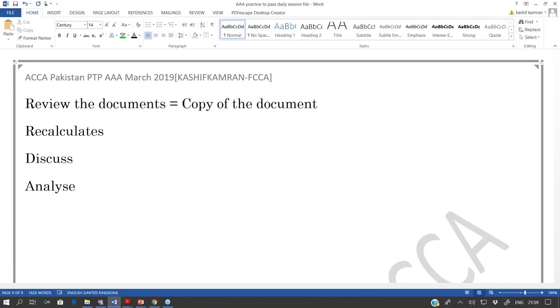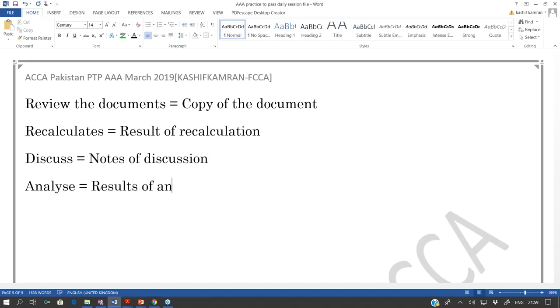If you recalculate something, then it will be results of recalculation. And if you discuss something, then you will have notes of discussion. And if you analyze something, then you will have results of analysis.